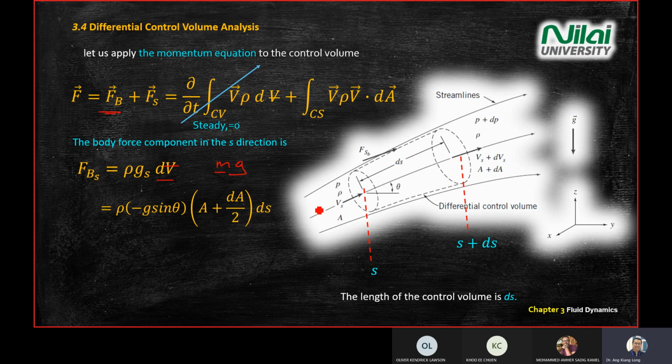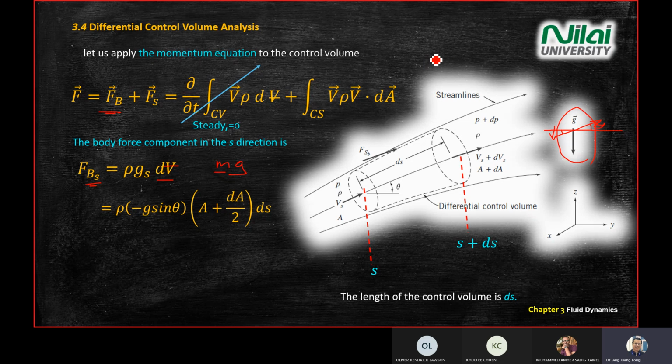So again, this is volume. And then when we look at a certain direction, which is along the stream direction, we convert according to this angle. So we convert the gravitational force to the stream direction. You have an angle over here, so your G is actually a sine.